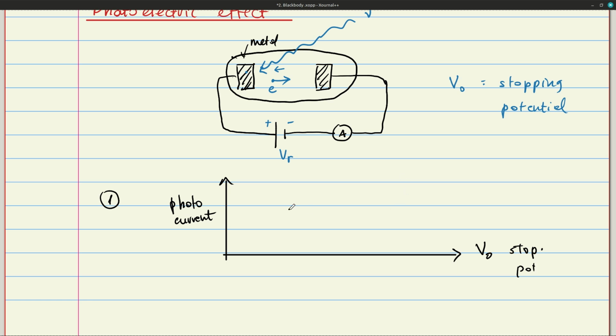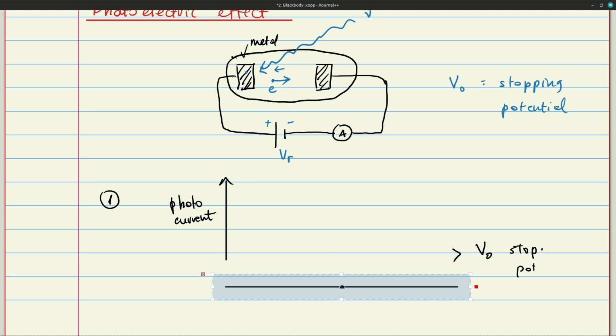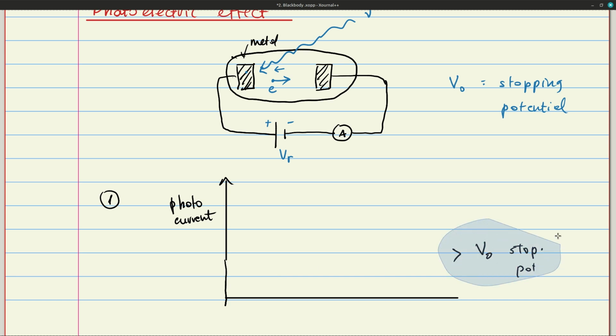Of course, if there is no stopping potential, there will be a current, right? There's a photocurrent.